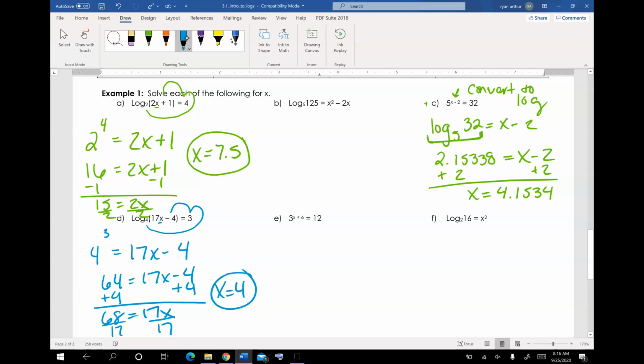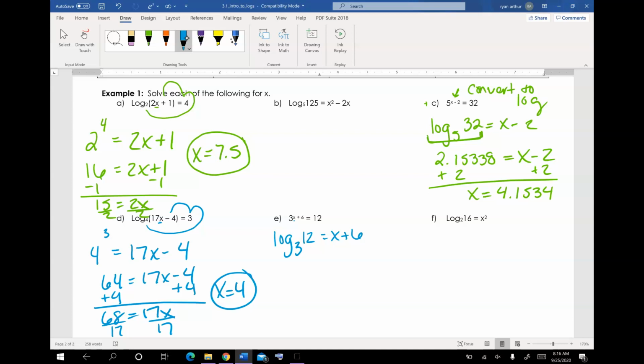And guys, remember, you can always check your answers by plugging this 4 into x and seeing if it gives you 3. All right, look here. X is the exponent. When x is the exponent, you have to convert it. So remember, to convert it to log, 3 is my base. Bring the 12 over here, and then the x plus 6 goes to the other side.